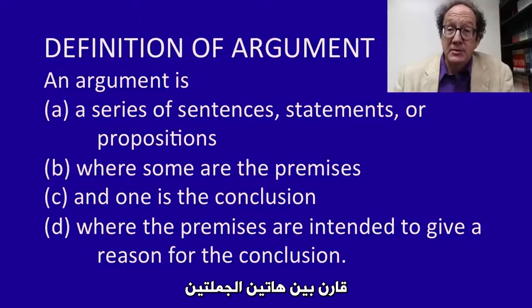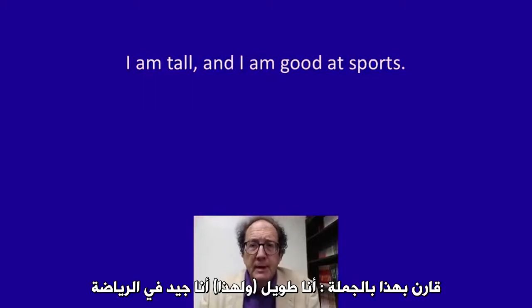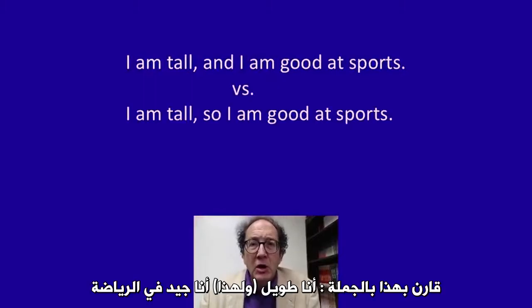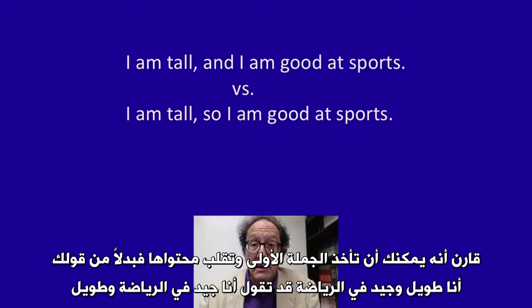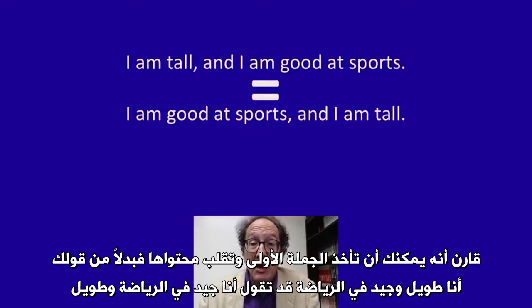Just compare these two sentences. I am tall and I am good at sports. And compare that to I am tall, so I am good at sports. Now notice that you can take the first sentence, I am tall and I am good at sports, and switch it around. I am good at sports and I am tall.